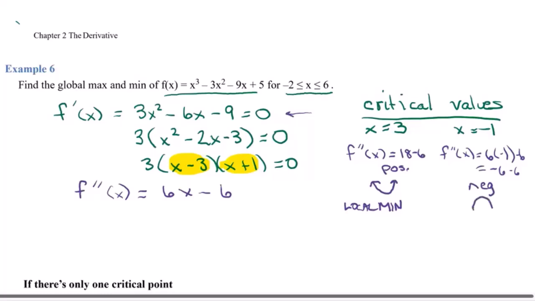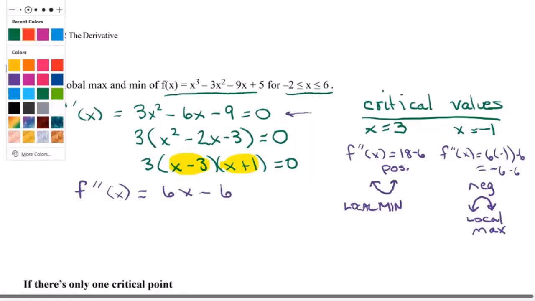No. Negative means it's concave down, and that means it has a local maximum. Now, what we have to do is find our local minimum x and y value, local maximum x and y value, and our endpoint x and y values.